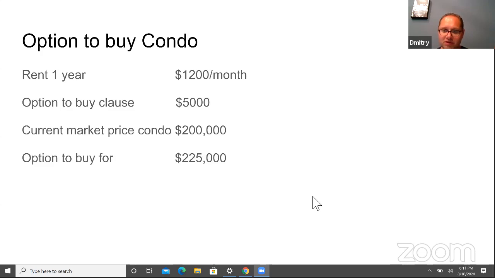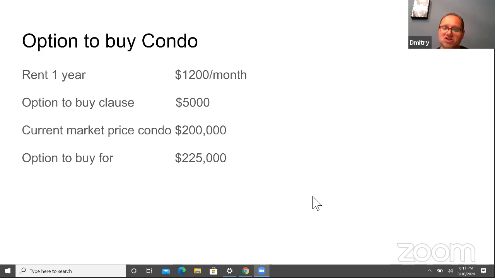But one thing that I had in this transaction, right, since I'm buying it for 5,000, I have that option. I could buy it or I could walk, right? So that was my right. I'm not obligated to do anything. I could walk, I'd lose that 5 grand.